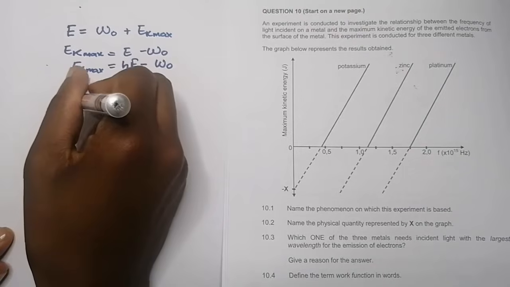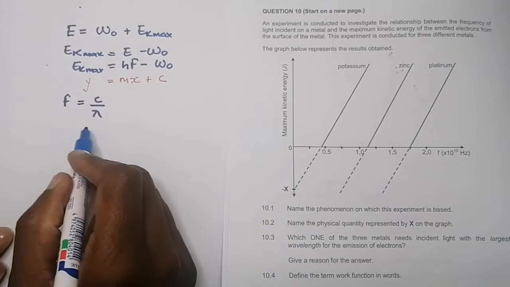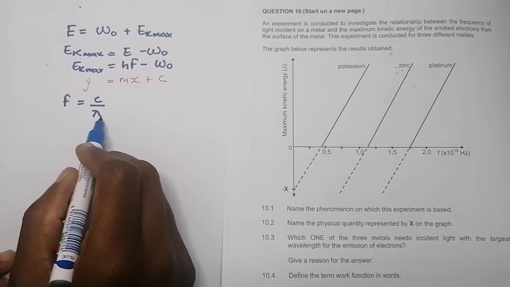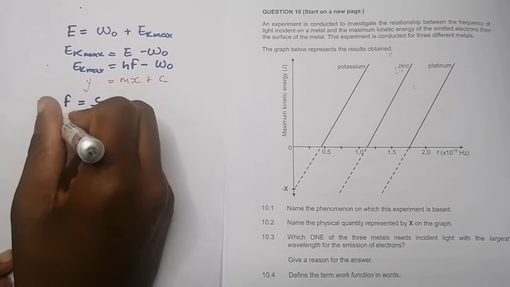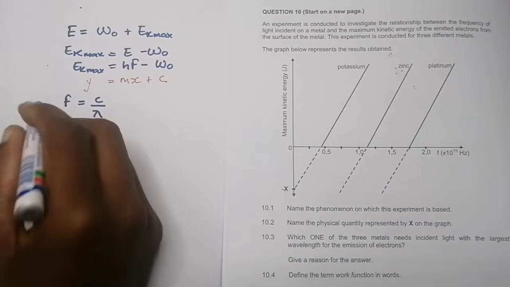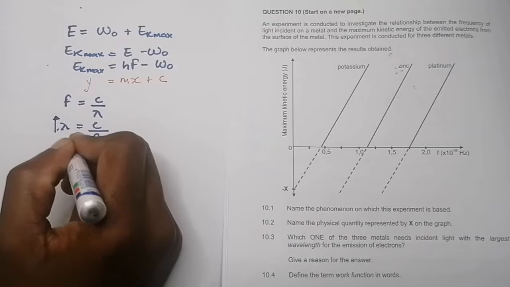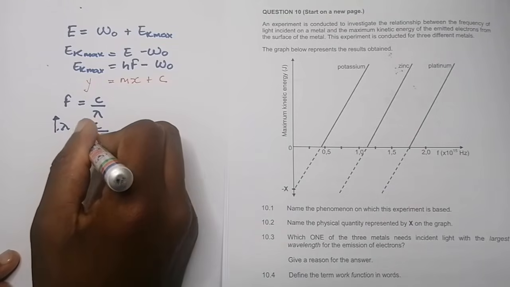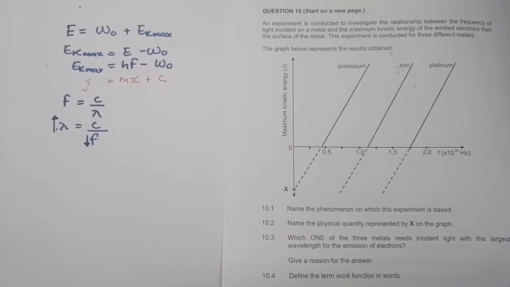I'm going to take this equation for frequency and wavelength. Let's rearrange it. Wavelength is c over the frequency. In order for wavelength to be largest, it means frequency should be the smallest.